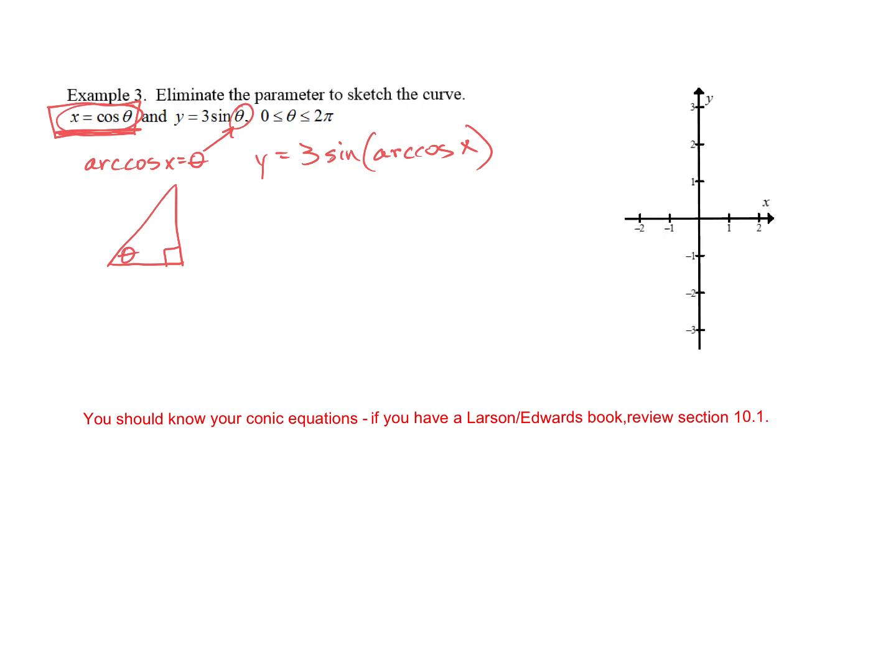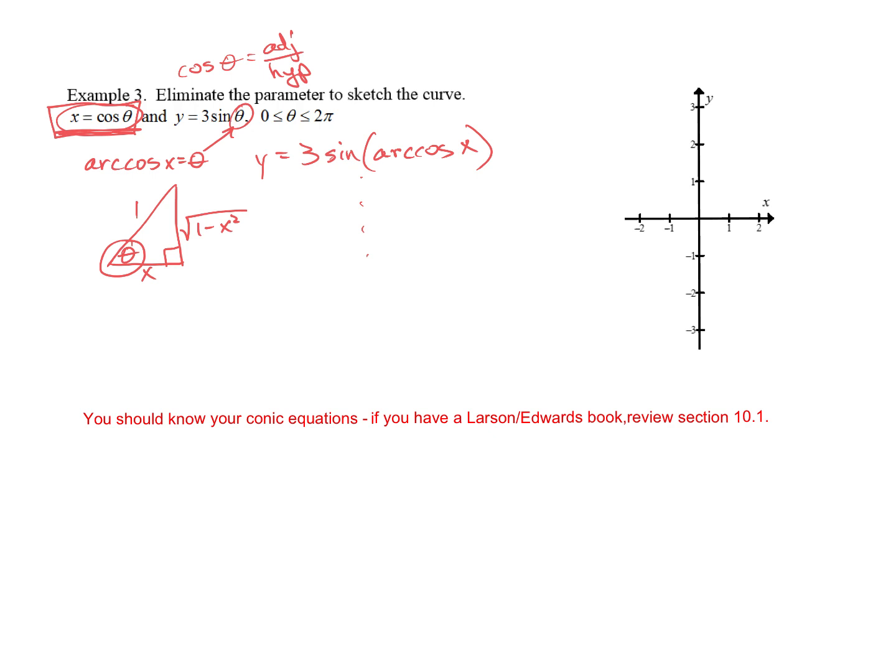Remember, cosine of an angle is the adjacent side over the hypotenuse. So the adjacent side is x and the hypotenuse is 1. Then I could solve for the other side using the Pythagorean theorem, and you get the square root of 1 minus x squared. Once I have that, I could look at that angle and the arc cosine, and actually solve this equation using all that. It ends up giving you an ellipse. But isn't that kind of long and ugly?